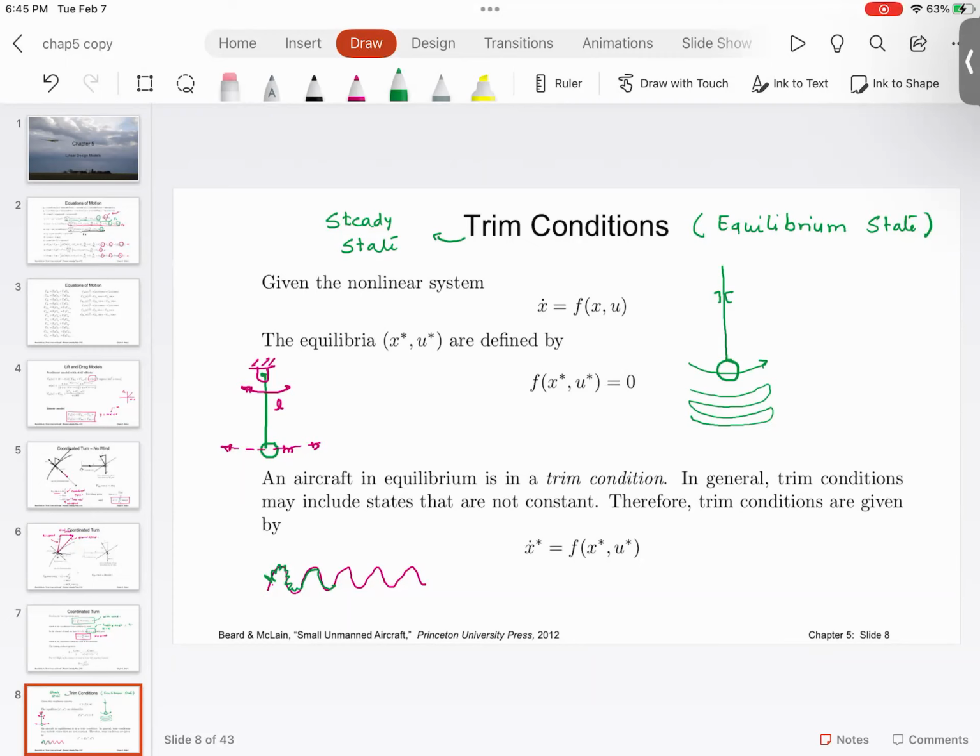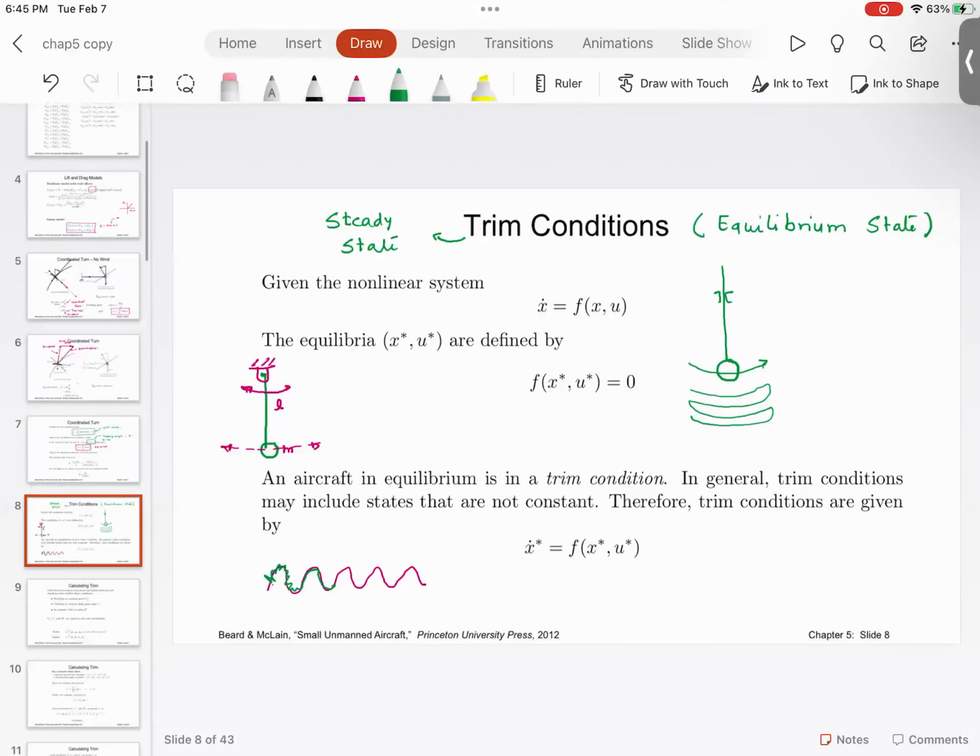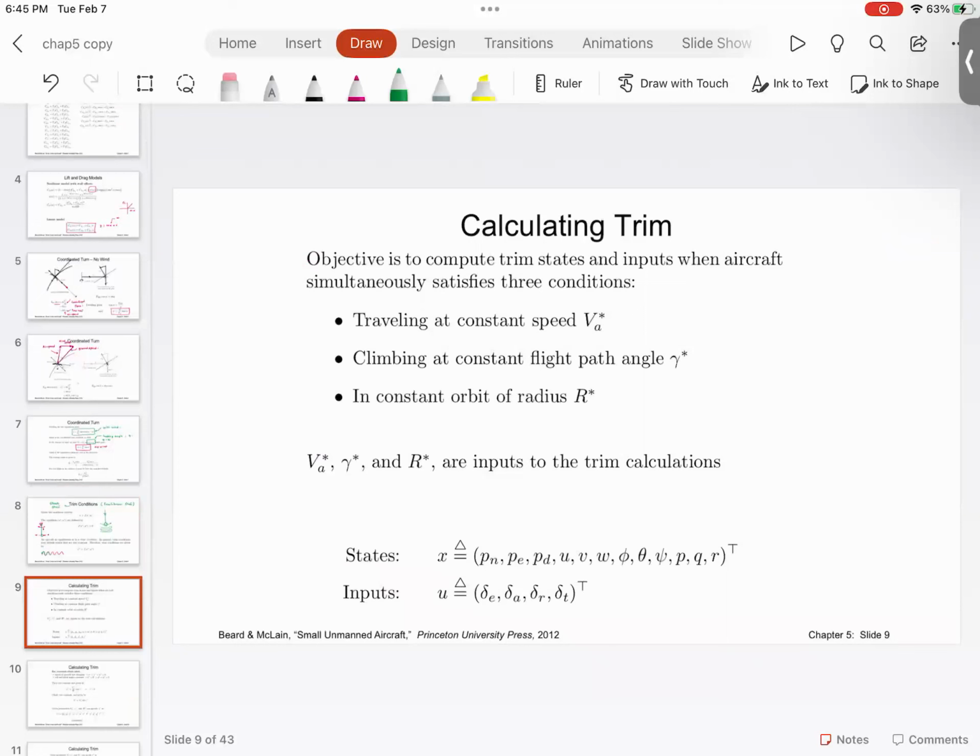Trimming condition means aircraft should be able to stay in a level flight. Then we are going to change the controller algorithm so that even if there is a disturbance, aircraft goes back to its trimming position. Everyone understood this? Because some of these concepts are going to be a little tricky.